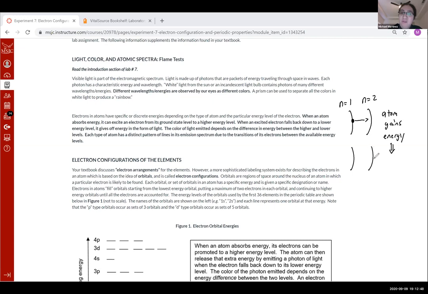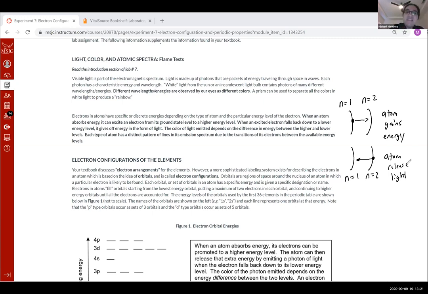Now, the really cool part here, and the part that we can observe visually, even with the naked eye, is that when the atom relaxes back to its ground state, when the electron returns to its lower energy state, the atom will release light.